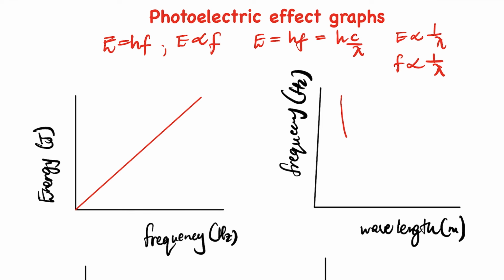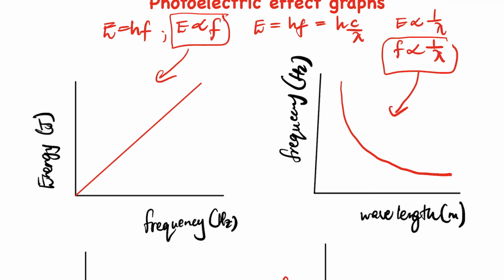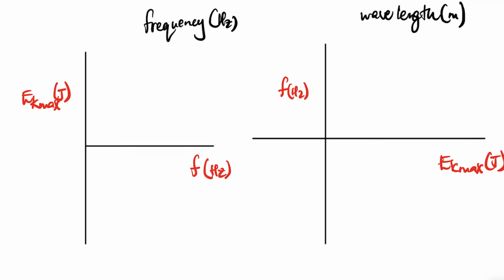So our graph is going to be like this. That's the inverse proportionality between these two, and this is the graph that represents it. This one they're directly proportional, this one they're inversely proportional, right?